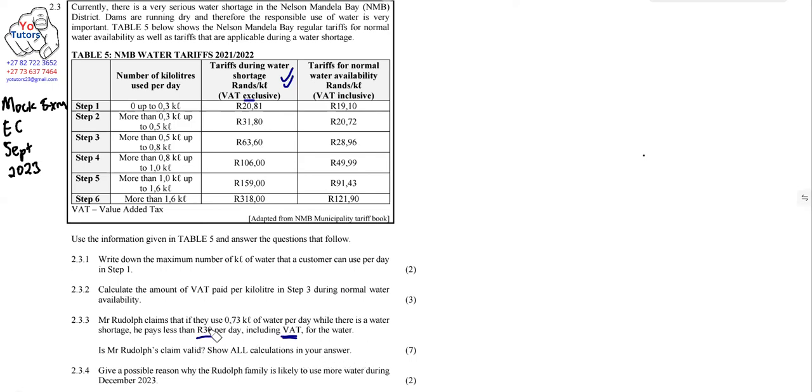So now in this case here, we need to calculate the cost of the water that was used. So we have 0.73. So now we're going to use the first one here. We know that in the first one, we're going to say 0.3 kiloliters times 20 rand 81, because we have got a total of 0.3 kiloliters in the first step.